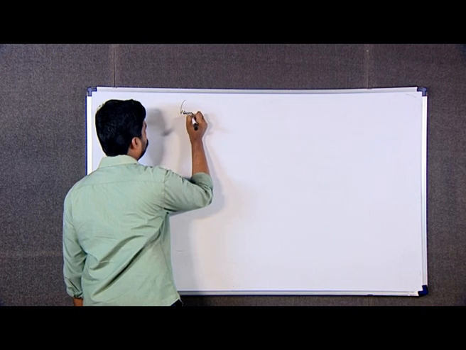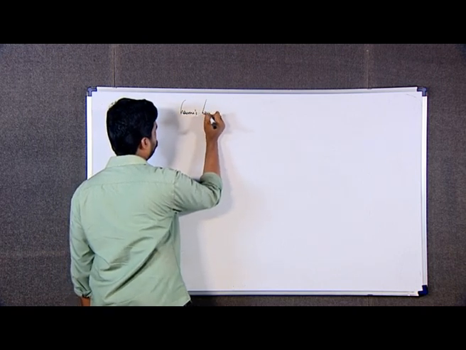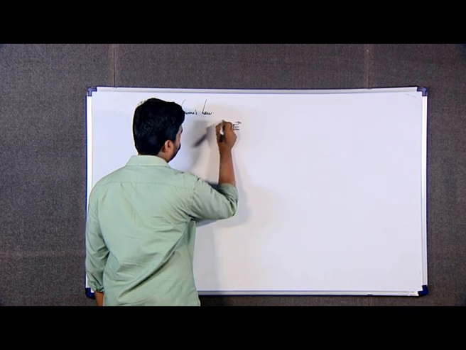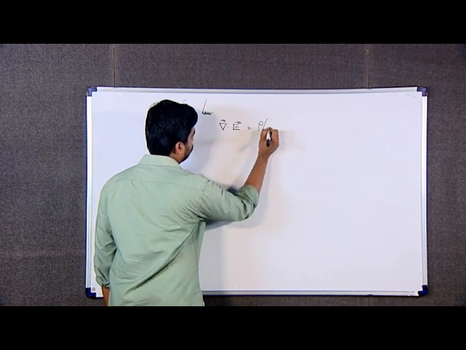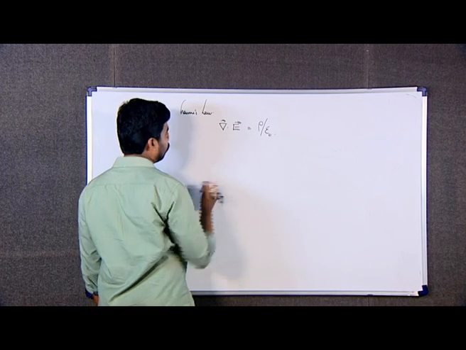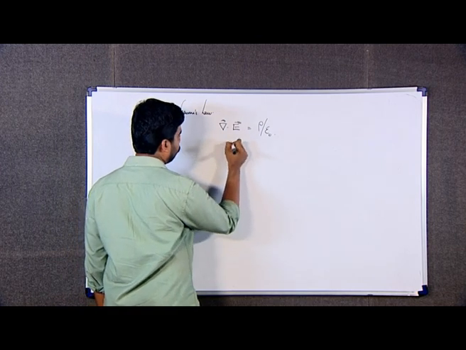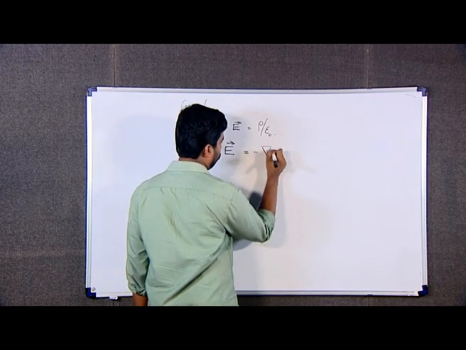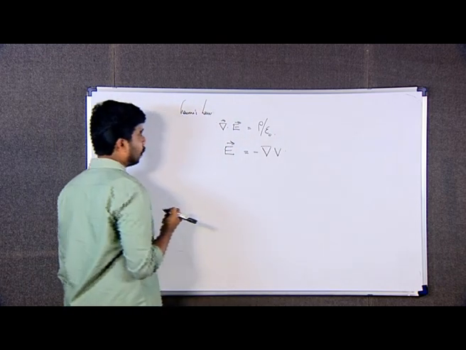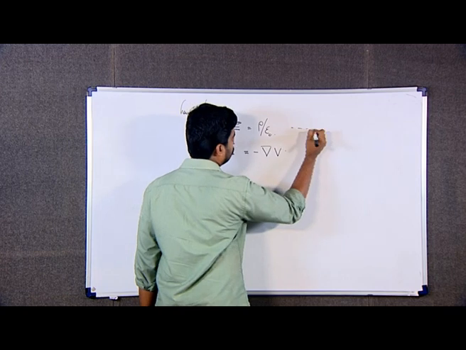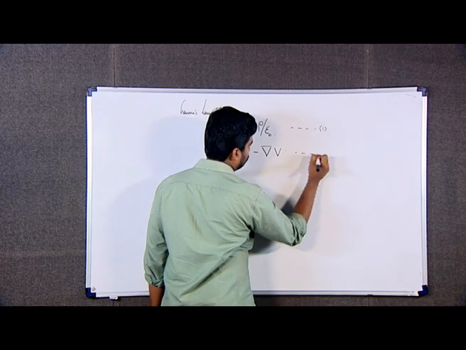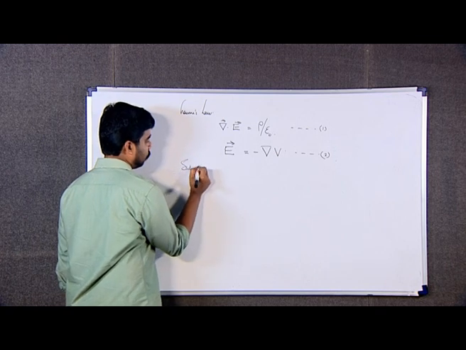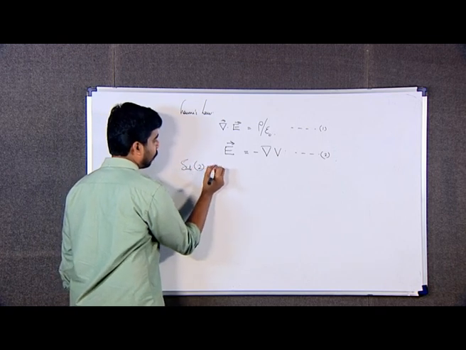The differential form of Gauss's law is del dot E is equal to rho by epsilon 0. And we have defined the electric field as a negative gradient of potential V. This is equation number 1 and this is equation number 2. Now, substitute 2 in 1.